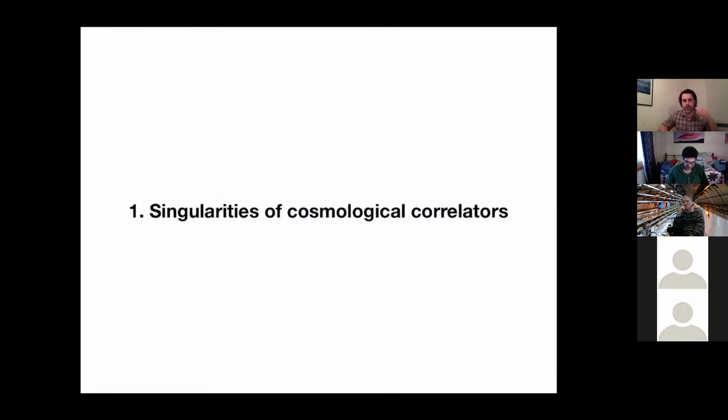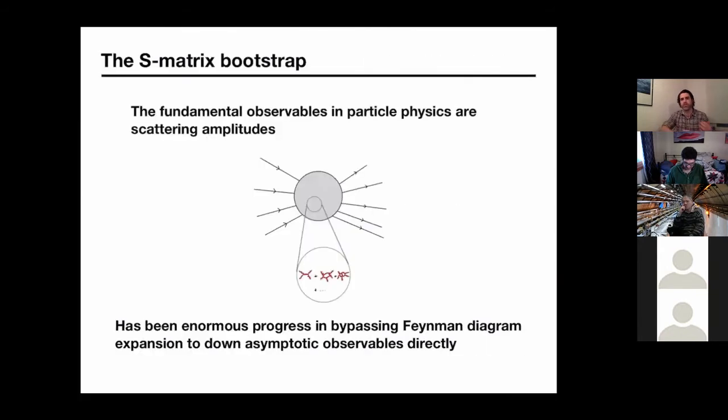Okay, so as a first step, let me just try to briefly describe what the singularities of cosmological correlators are. And so first, let's take a step back to take a step forward. Let me remind you of a lesson learned from a philosophically similar program, the S matrix bootstrap point of view.